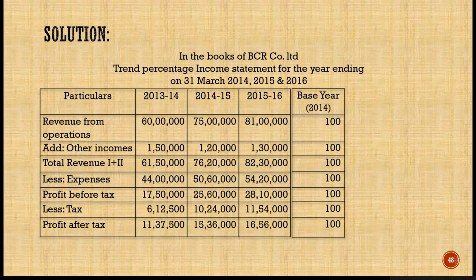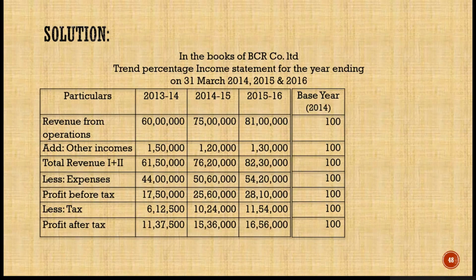The trend percentages are calculated in relation to this base year. If a figure in another year is less than the figure in the base year, then the trend percentage will be less than 100, and it will be more than 100 if the figure is more than the base year figure.